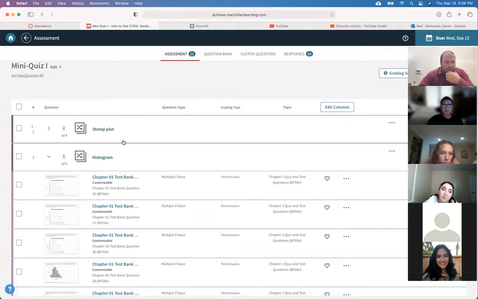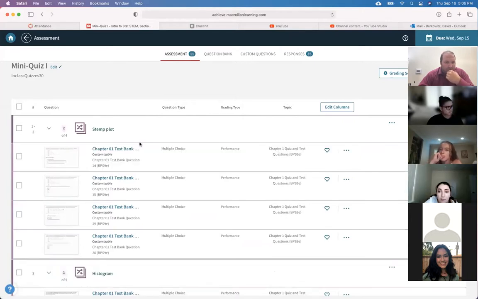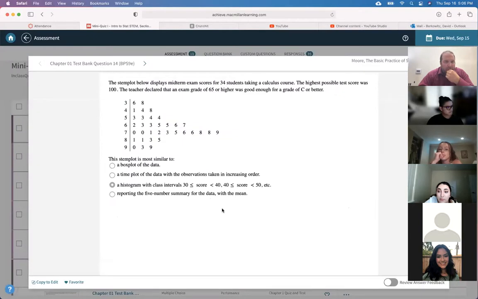So stem plots. The stem plot below displays midterm exam scores for 34 students taking a calculus course. The highest possible test score was 100. The teacher declared that an exam grade of 65 or higher was good enough for a grade of C or better. So the stem plot is most similar to a box plot? Well, certainly not. They look nothing alike. A time plot doesn't even make sense.